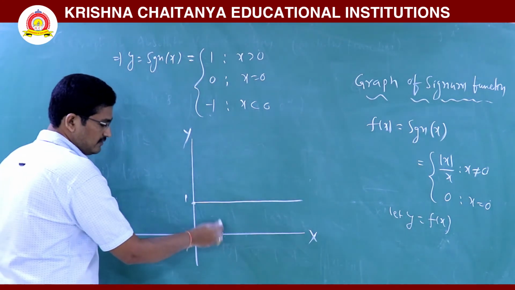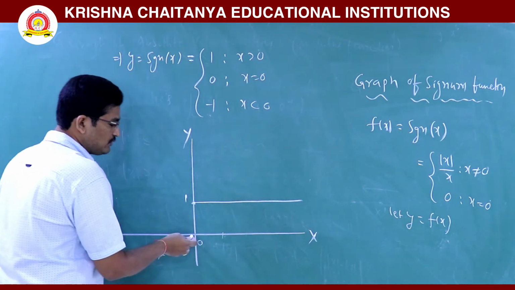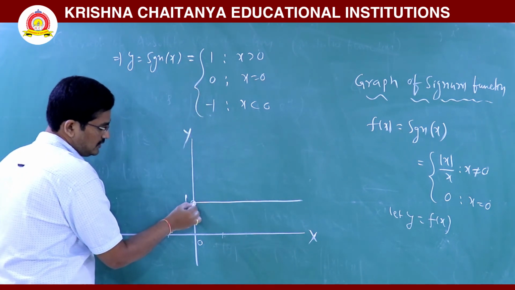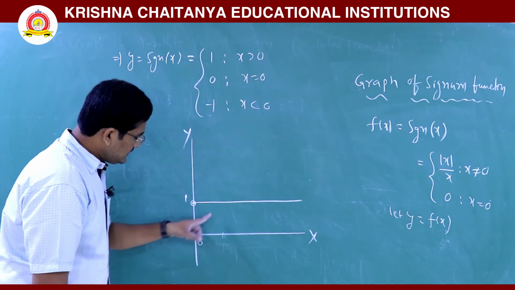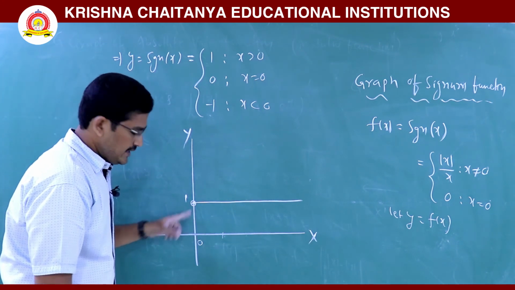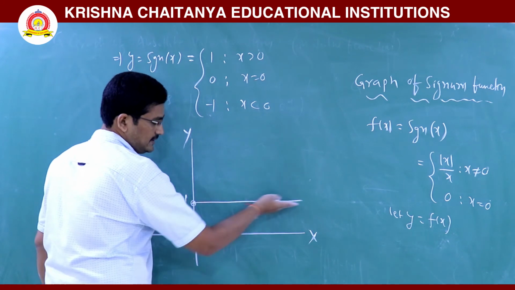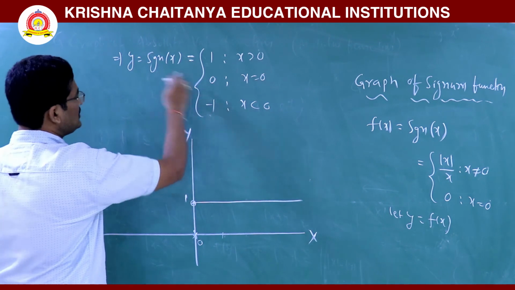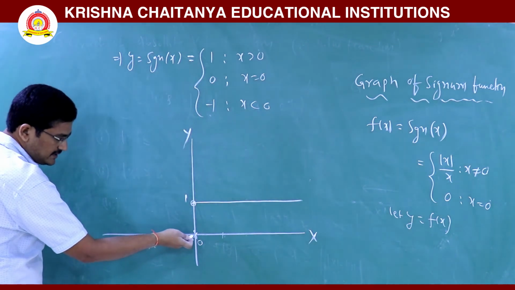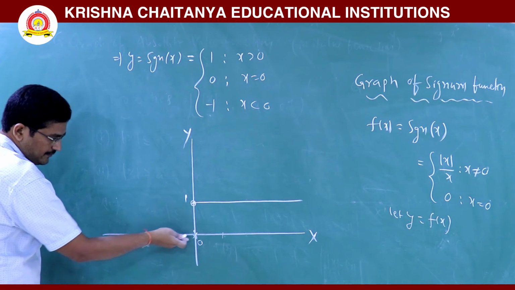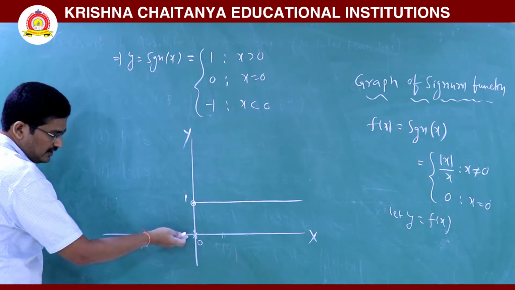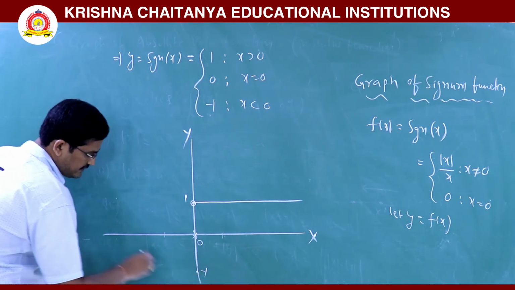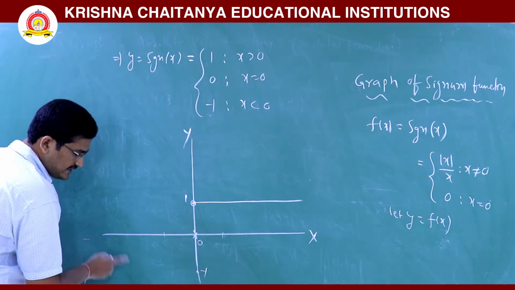For x equal to 0, y is 0, so the line does not cover that point. So for x greater than 0, this is the line. If x less than 0, the y value is minus 1: x value minus 1, y value minus 1, x value minus 2, y value minus 1, x value minus 3, y value minus 1.